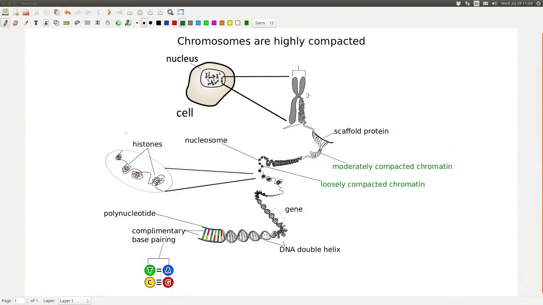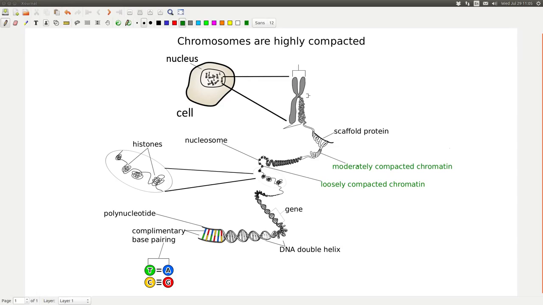So let's return to our cartoon of a eukaryotic cell. This one is actually at the beginning of mitosis. And if we look in the nucleus, this region here, you will see condensed chromosomes. So how does the chromatin that we looked at in interphase end up in these highly condensed structures?